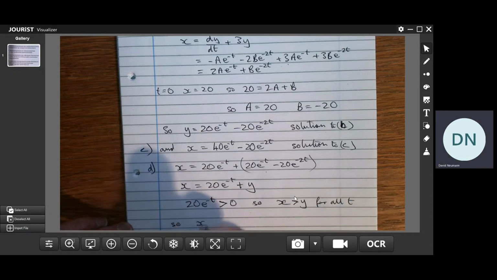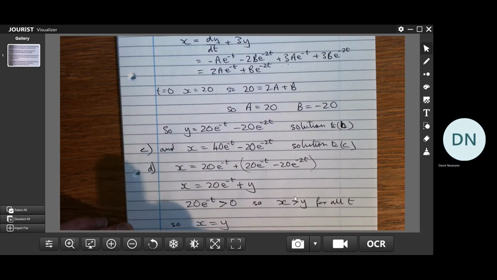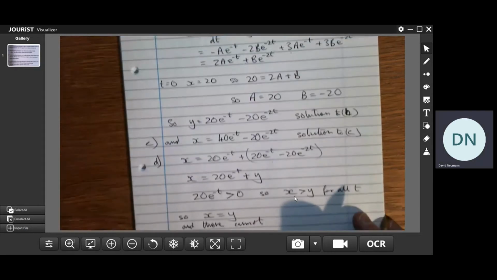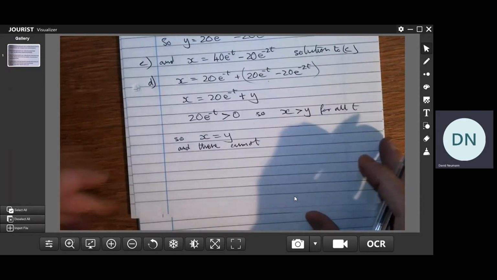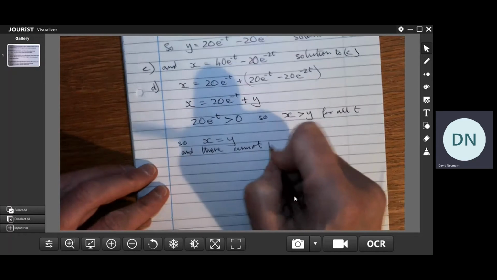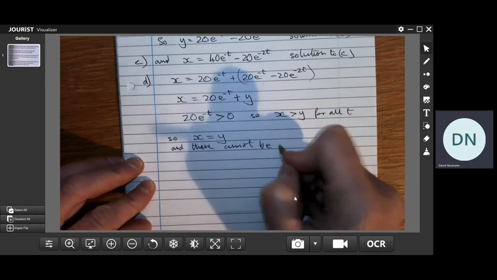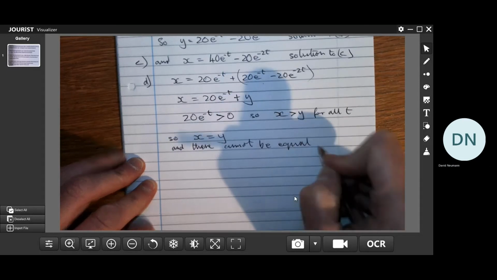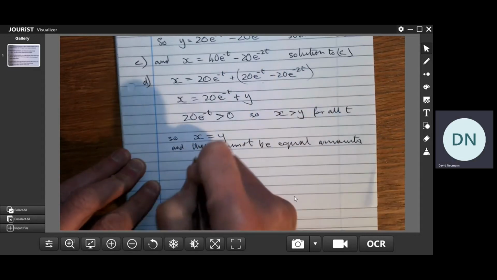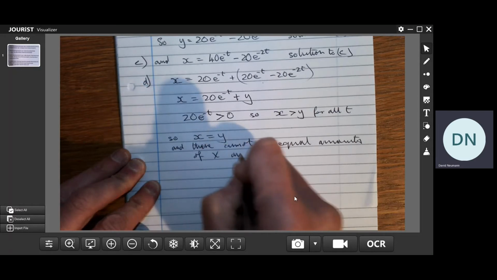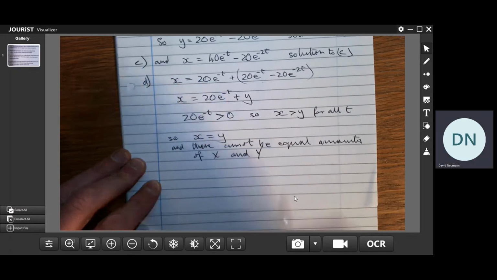So x can't be equal to y, and there cannot be equal amounts or masses, I guess we could say, of x and y.